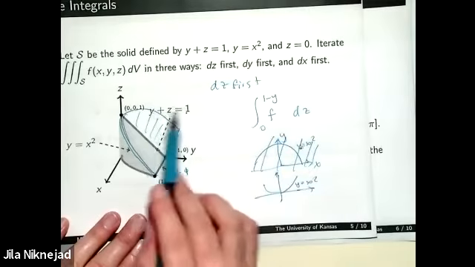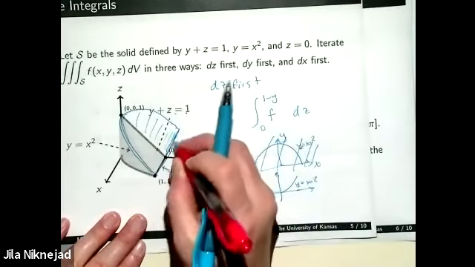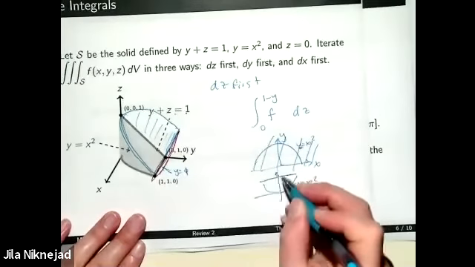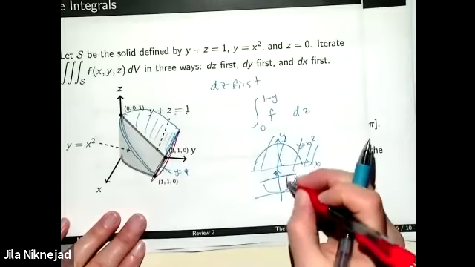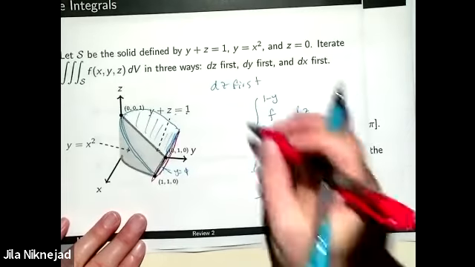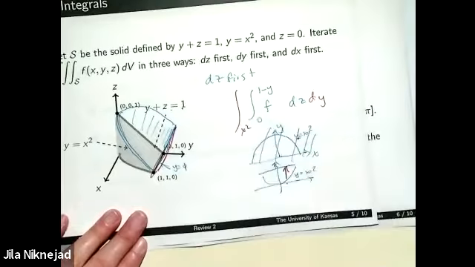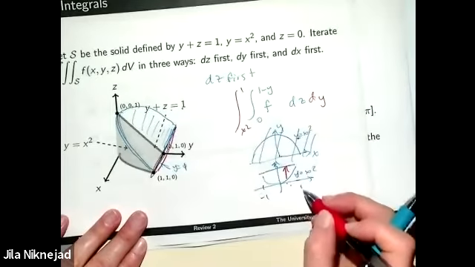That's when this surface is intersecting the xy plane, and so that's where I get this shape. And then I go with this direction, y starts with x squared and goes to 1. X goes from -1 to 1.